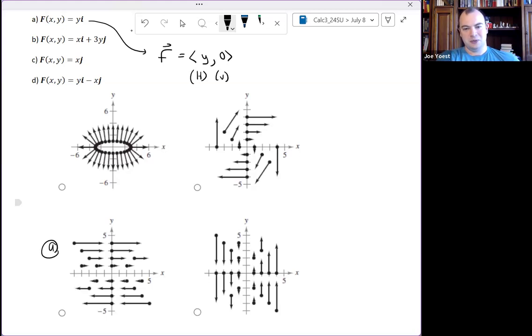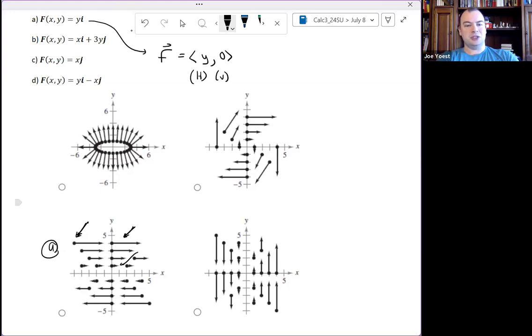And I do see that when I'm fairly high up on the y-axis, my vectors are independent of x, whether I have this vector up here or this vector to the left or right. The magnitude and direction don't change, but I'm pretty high up on the y-axis, so that's a pretty long vector pointing to the right. When I'm lower on the positive y-axis, again, as I adjust the x-coordinate of the input, those vectors don't change, they're the same vector.